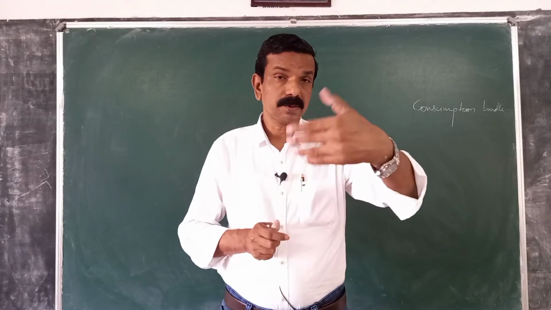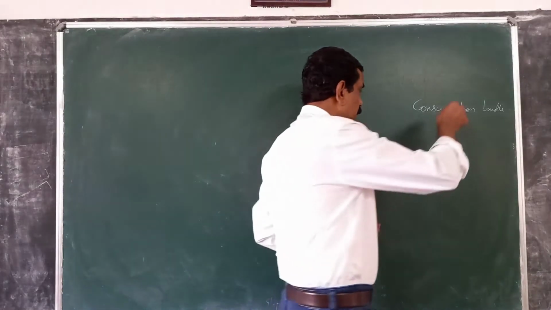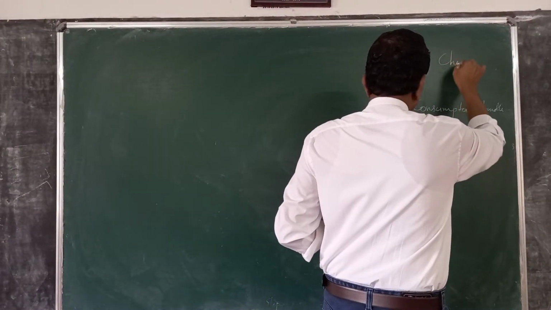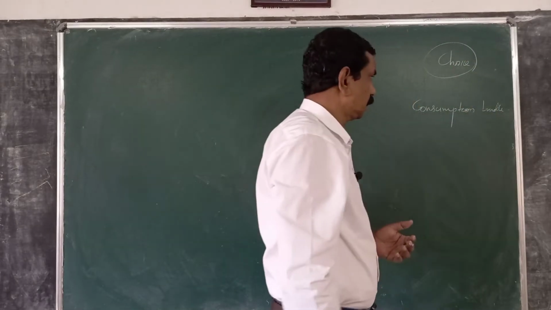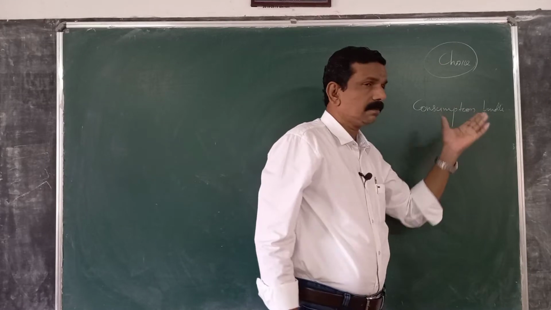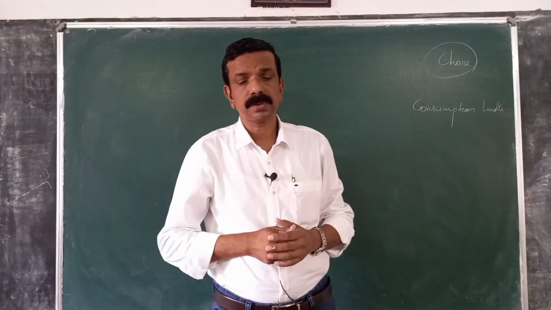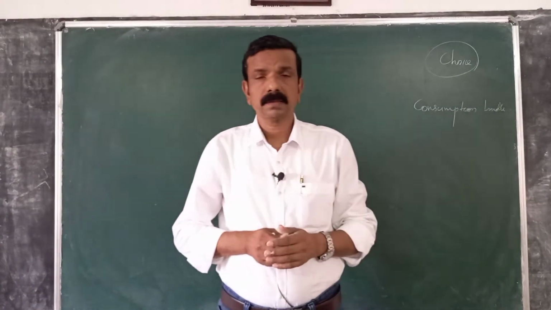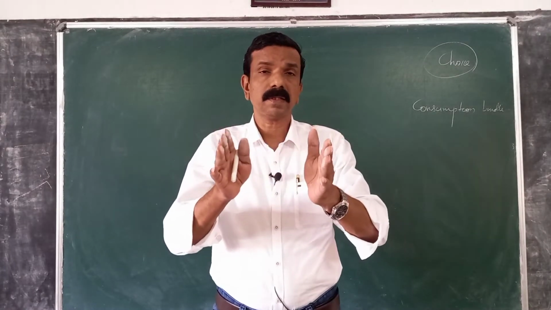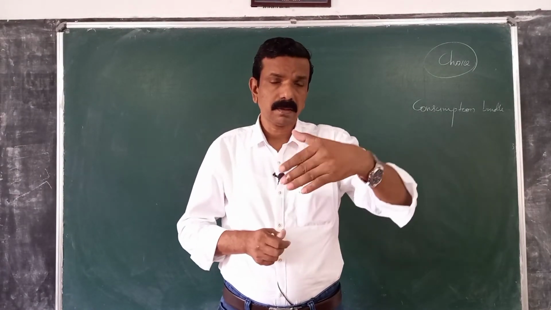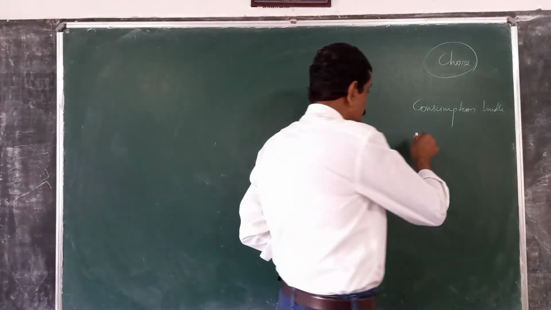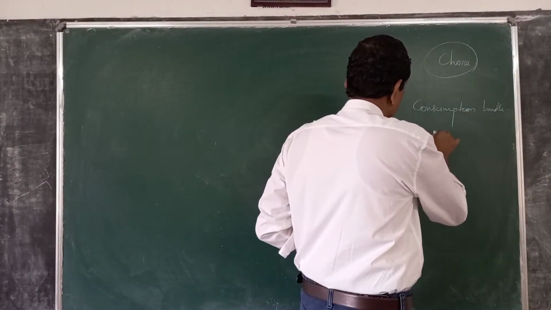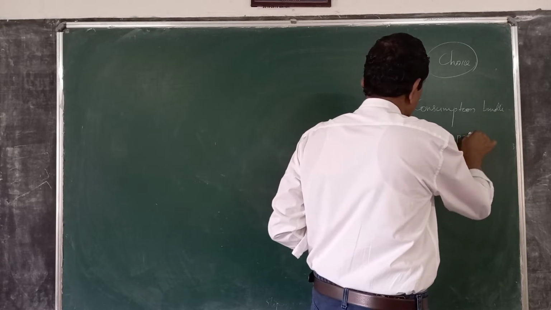Now, a consumer's choice, that is, which bundle he will choose, depends not only on the prices of commodities and the income of the consumer, but also his taste and preferences.